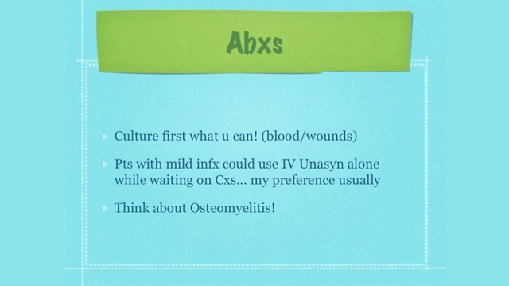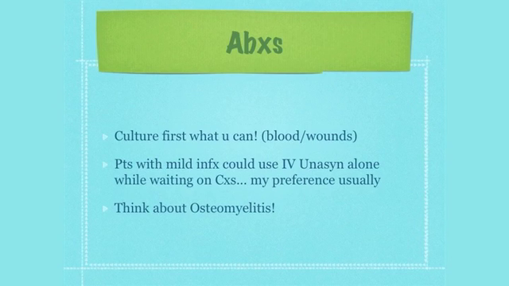If the patient has got a cellulitic foot, but there's a mild infection, they're not looking septic, the infection doesn't look like it's a limb-threatening infection, I like the approach of using Unasyn, culturing what you can, and then wait and make your selection according to what grows.